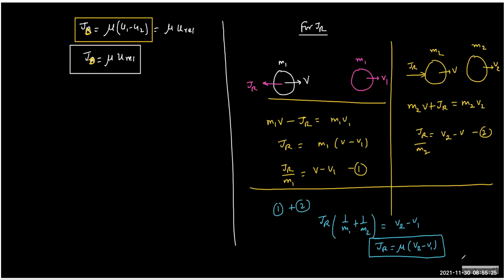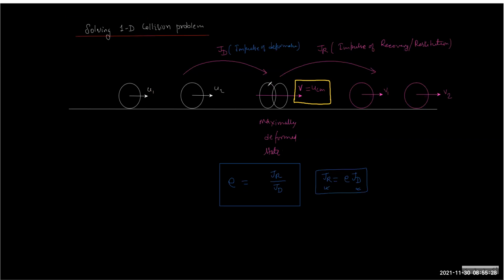The idea is the impulse is definitely internal. So zero. If you think of the net impulse acting on a system, if you are taking M1, M2 as a system, then these are internal forces. It must be zero because momentum is conserved. We are writing J_D and J_R for the individual objects, but for the system there is no impulse. It is an internally governed process.